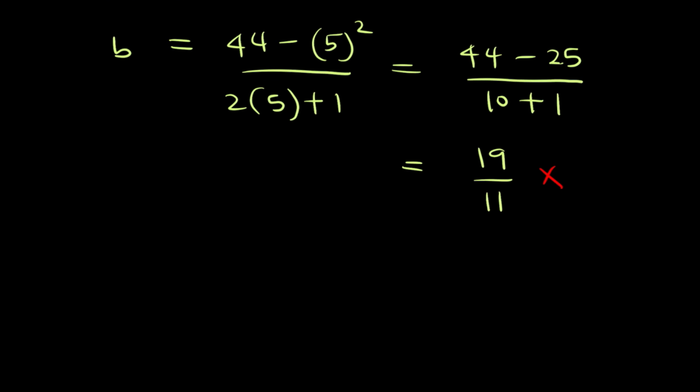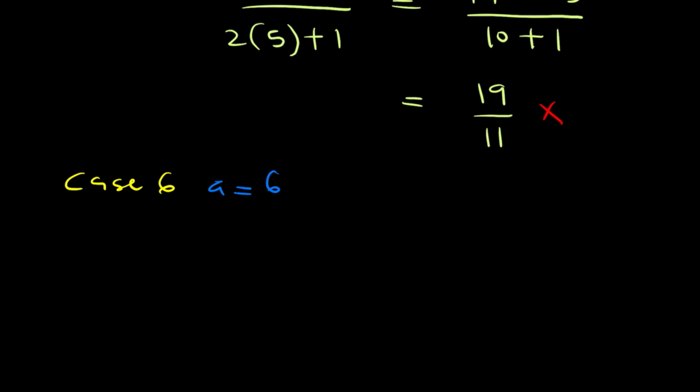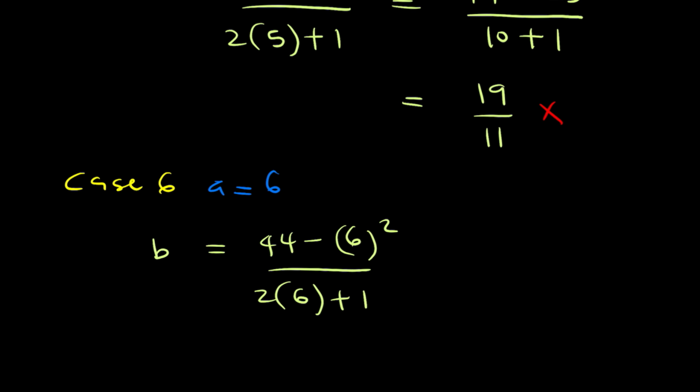And the last case, which is the 6th case, case 6, is when a is 6. So the corresponding value of b will be 44 minus 6 squared divided by 2 into 6 plus 1.